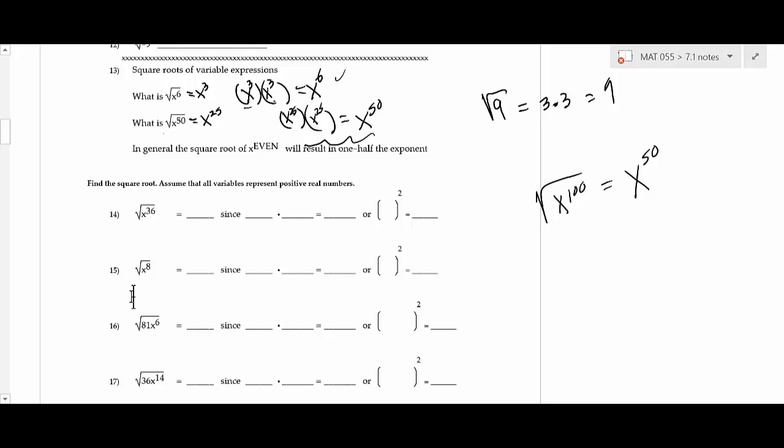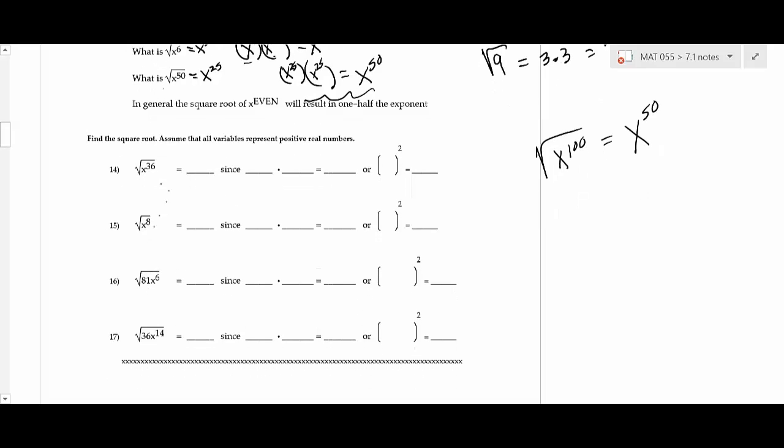So we're going to be able to whip through these very quickly. X to the 36, what's the answer? X to the 18th, sorry. It's half of the exponent, right? When you were thinking 6, you were thinking square root of 36. That's normal.